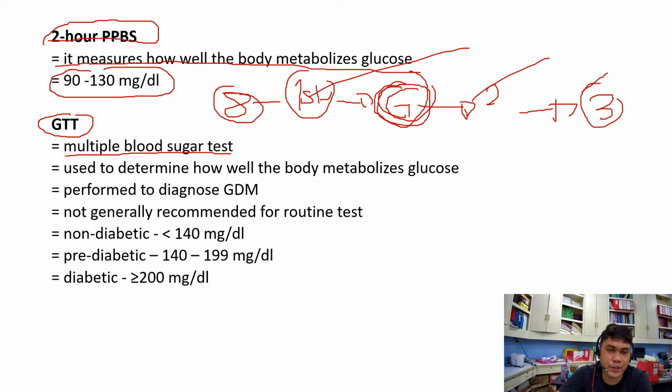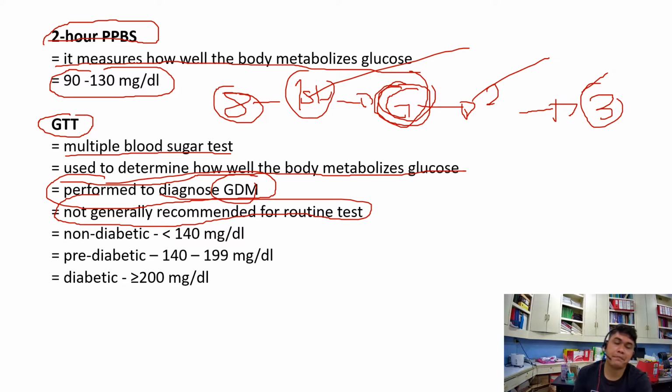It is used to determine how well the body metabolizes glucose, and it's usually performed to diagnose GDM, or gestational diabetes mellitus. It's not generally recommended for routine testing or for diagnosis of type 1 and type 2, but you can still use it. If you're going to use OGTT to diagnose diabetes mellitus, the significant specimen is the third specimen, collected 2 hours after glucose load.